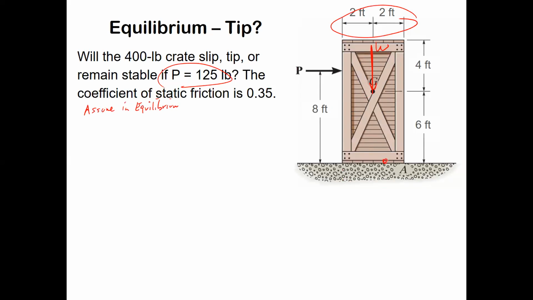And this point O kind of shifts. We'll talk about why it's shifting in a moment. And the friction force F is like that. And the normal force N is up like that. And it has shifted from the center line a distance of X. We'll come back to that X value.